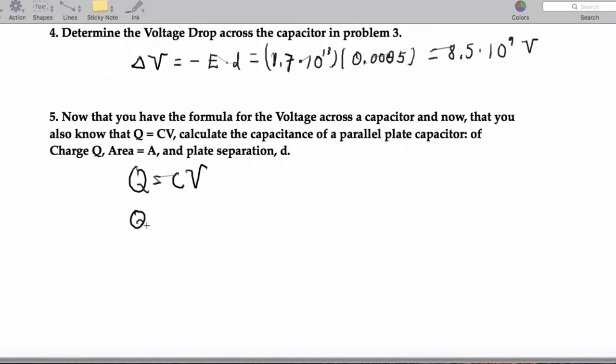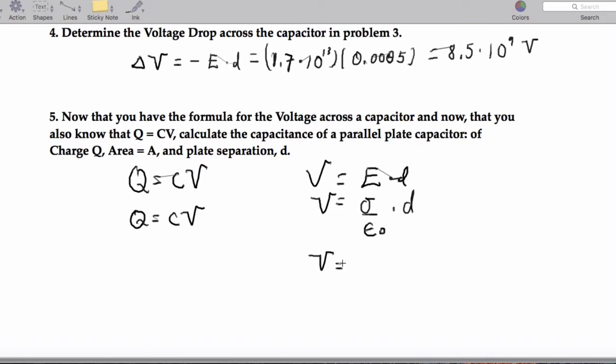So Q equals C times V, and we know that V equals E times D. And let's remember that E for a parallel plate capacitor is sigma over epsilon naught. And continuing, we know that sigma is Q over A, with an epsilon naught here, times D. So here's what we end up getting.